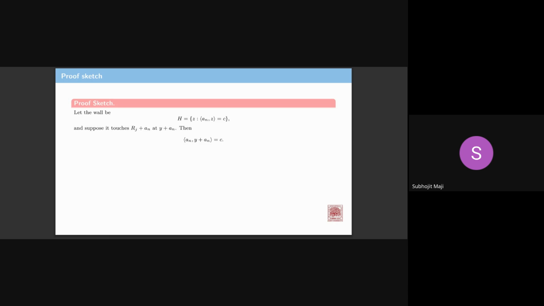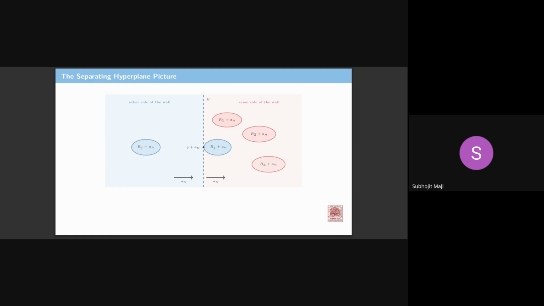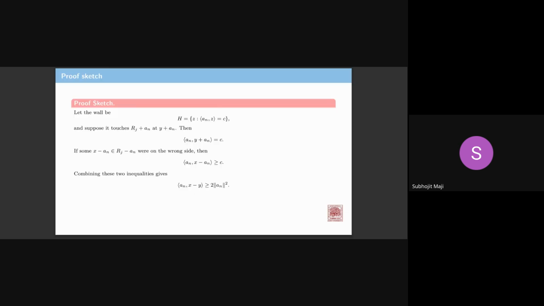So that violates this condition, and hence we arrive at the point that no point of Rj minus AN will be on the wrong side. That is, Rj minus AN is disjoint from all of these sets. This region is disjoint from all these regions that are there. So that is what we had proved. Now, this is it.